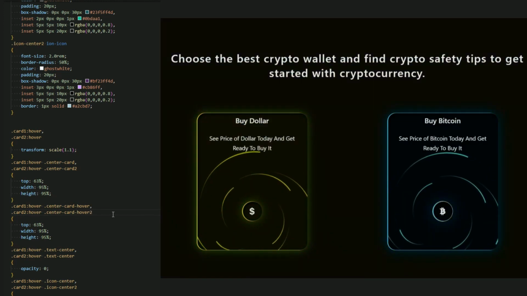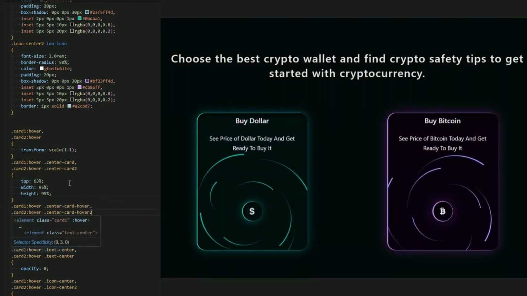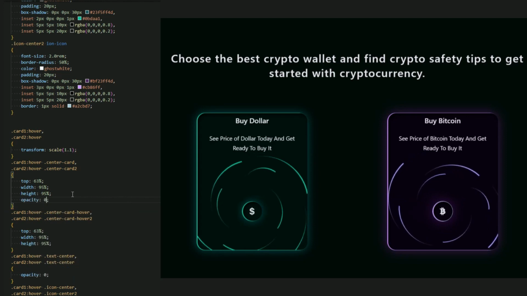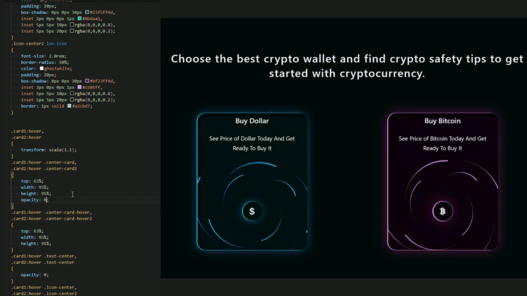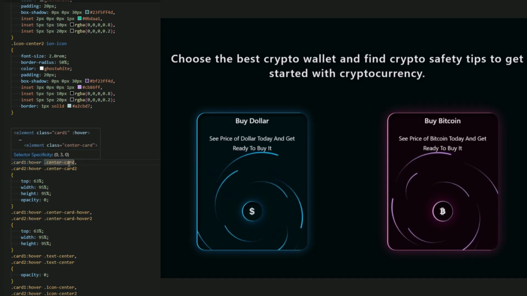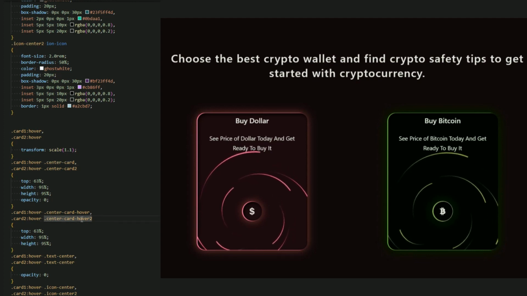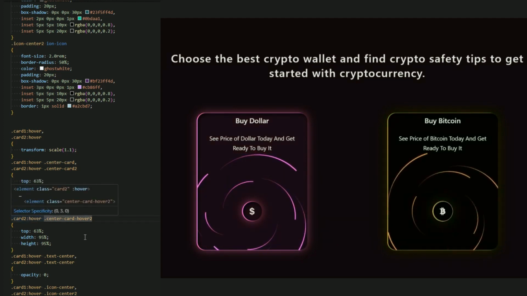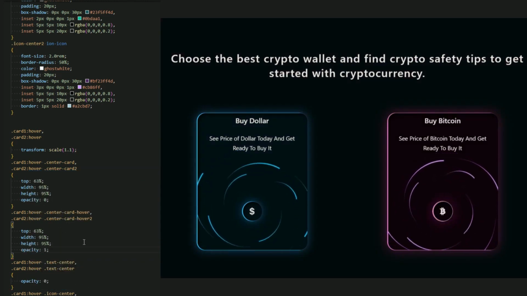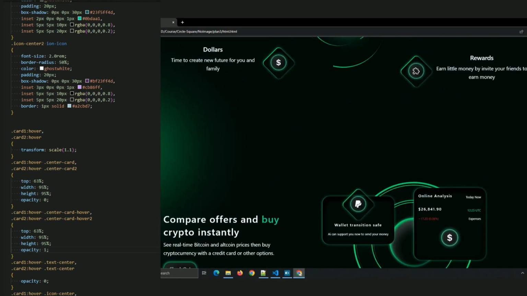The same top, the same width, and the same height, but opacity 0 when a user hovers the center card. The first animation of 20 seconds gets opacity 0, and the center card hover animation gets opacity 1 to see the animation of 5 seconds. So here we go. Let me see the website right now to see what happened.